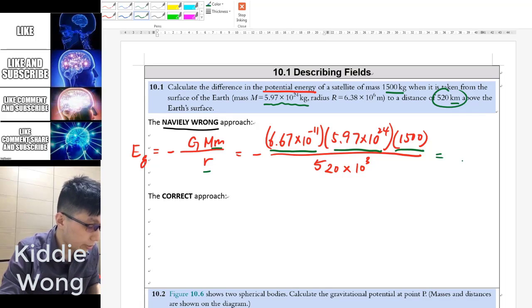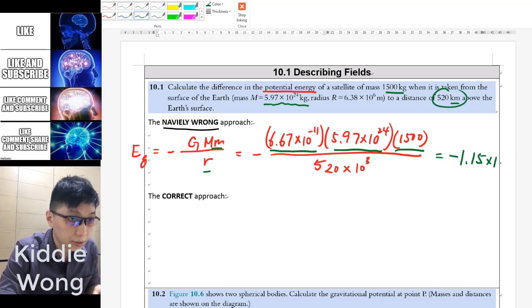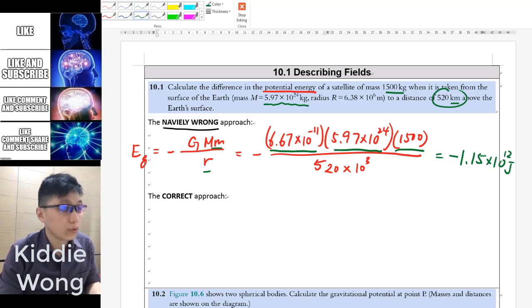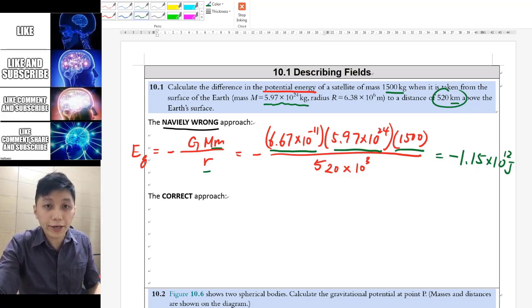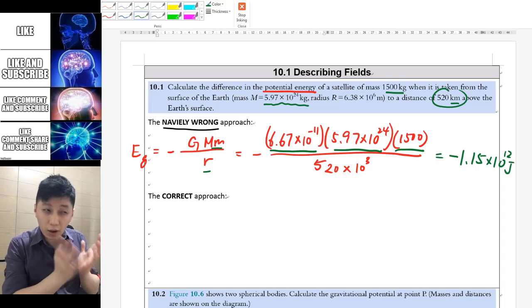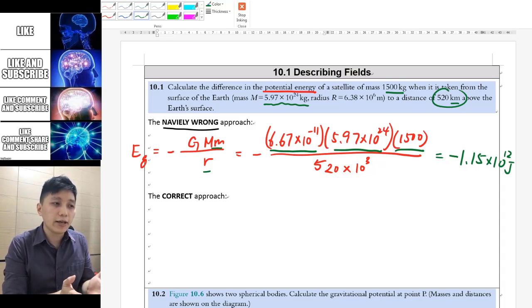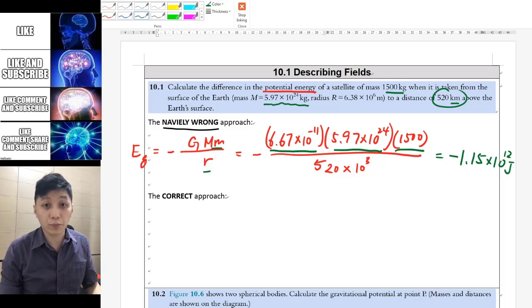Okay, so the answer is negative 1.148, so let's say negative 1.15 times 10 to the power of 12 joule. So this should be the answer, Mr. Wong. Okay, can you guys find out the problem with this approach and try to work out the correct approach?